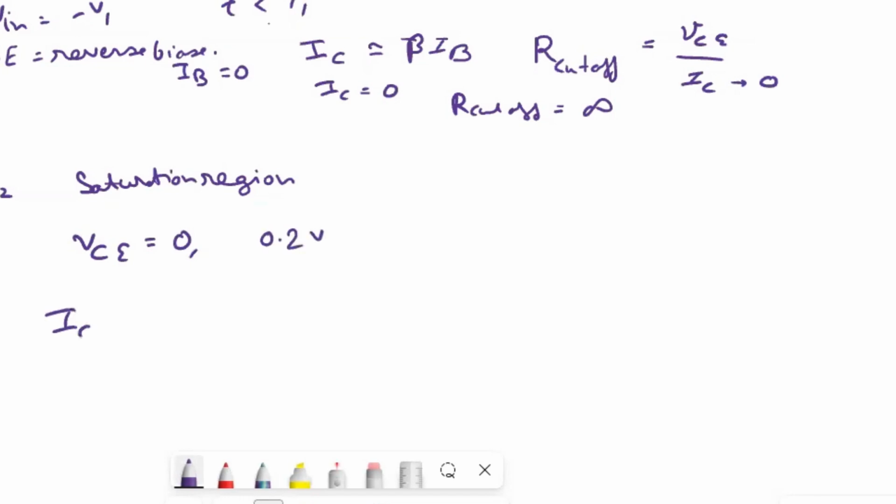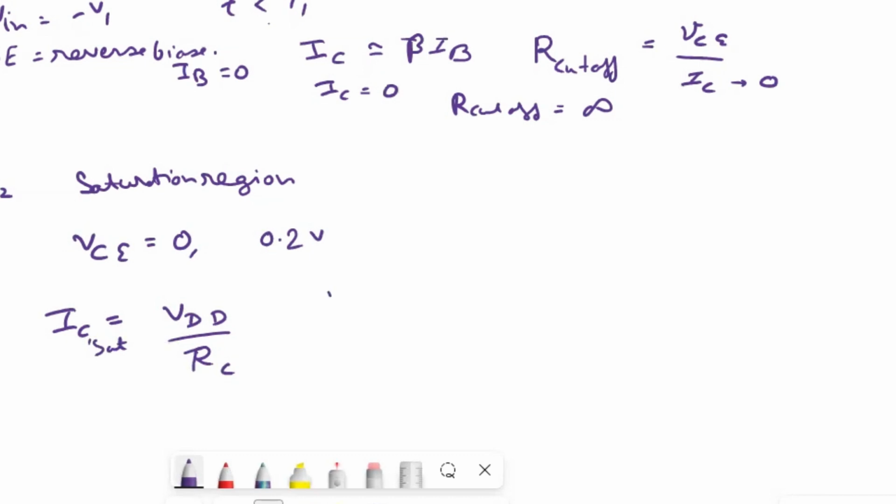So the collector current in the saturation region will be VCC upon RC. So this is the collector current when the BJT is operating in the saturation region.